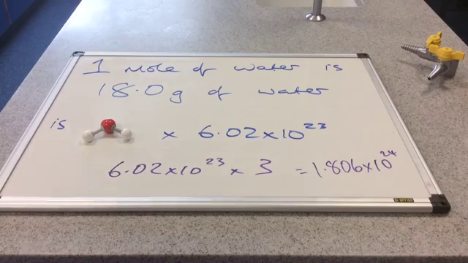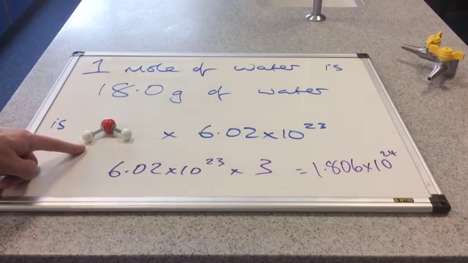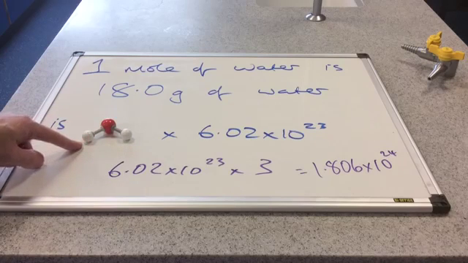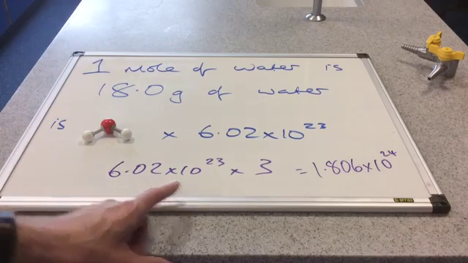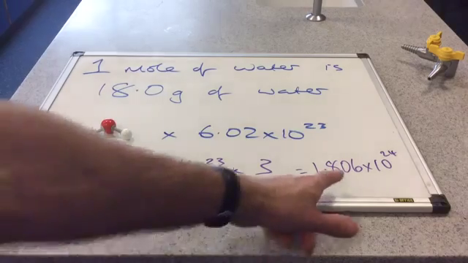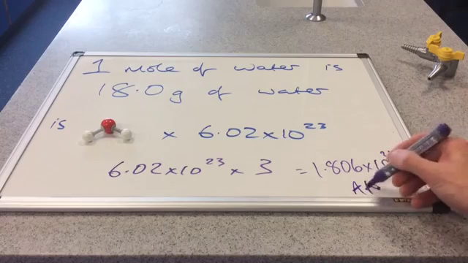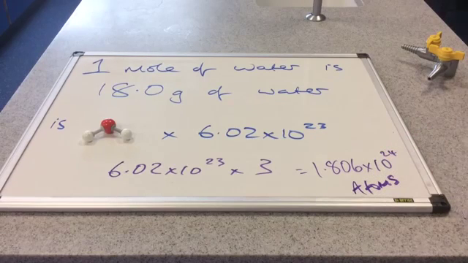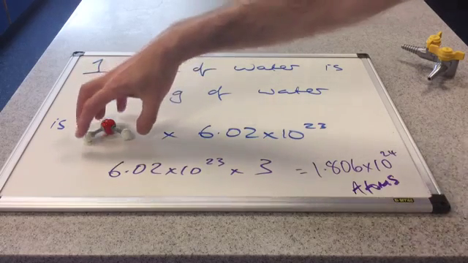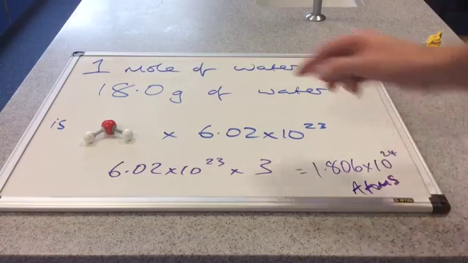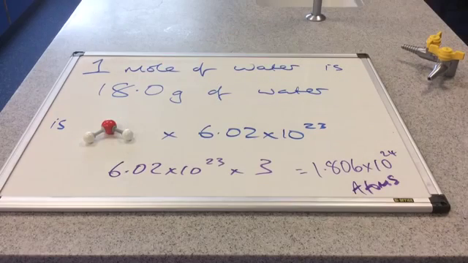Obviously if we've got Avogadro's number of these, there are 3 atoms in each of those, so we simply multiply Avogadro's number by 3, and that gives us that number of atoms. It's always important that you know what you're talking about. Are you talking about molecules, the whole group of atoms, or are we talking about atoms, the individual atoms that make up the molecule itself?